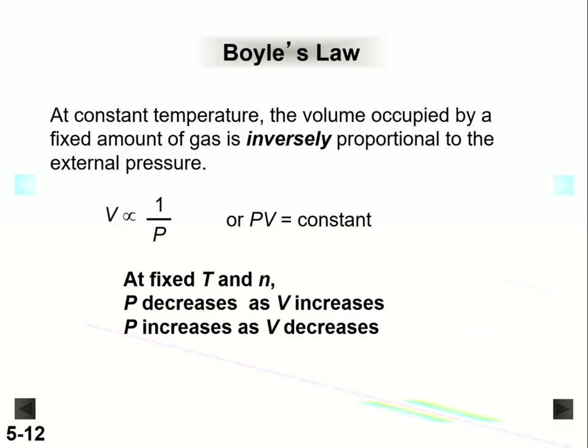And so P times V is a constant. This only holds for a constant amount of gas at a fixed temperature, but the volume versus 1 over P is linear, so PV is a constant. Pressure goes up, volume goes down.